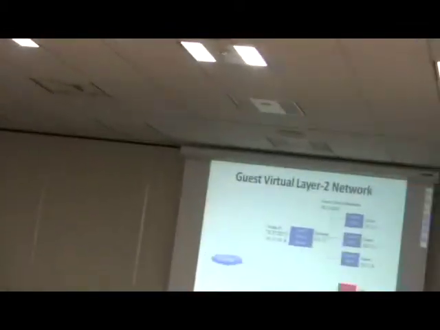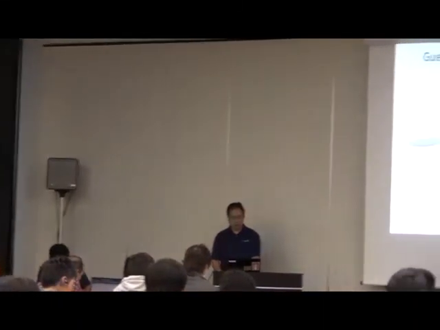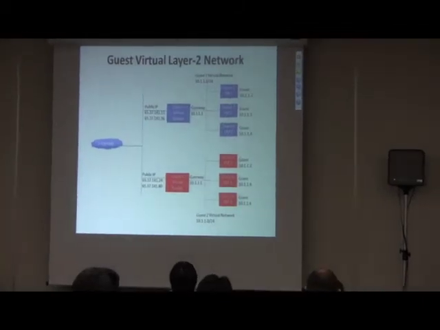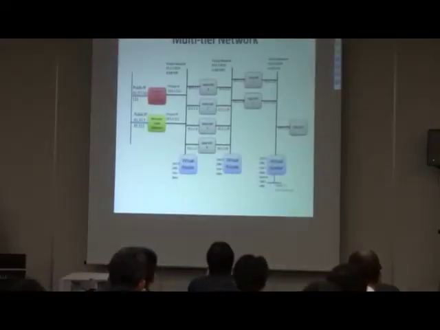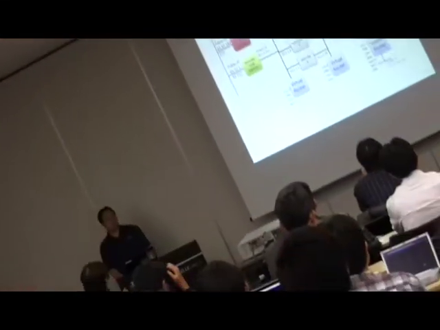In order to visit each other's VMs, they have to go through a virtual router, go up, and then come back through the other virtual router to visit guest 1's VM. Visiting guest 2's VMs has to go through that box. They cannot directly see each other.